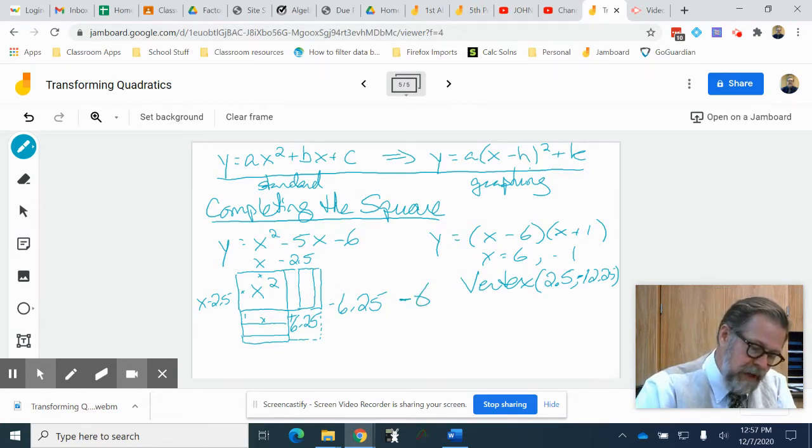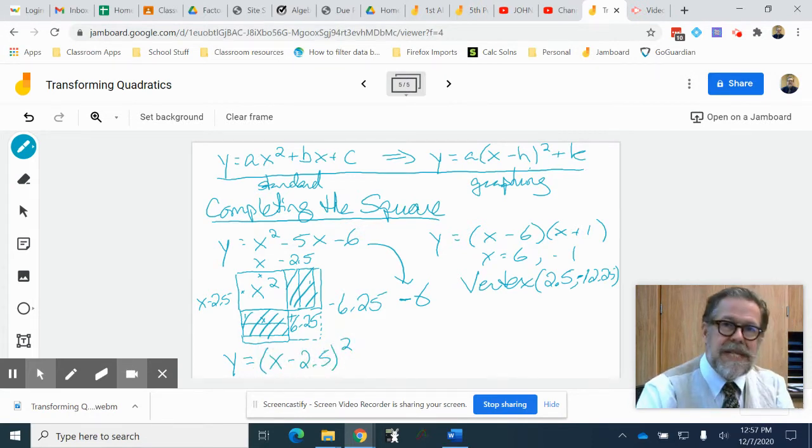And I had a minus 6 over there, which I just bring down and write off to the side. Well, now I can rewrite this equation. I could write y equals, well, my x squared minus 5x plus my 6.25 comes out to (x minus 2.5) all squared.